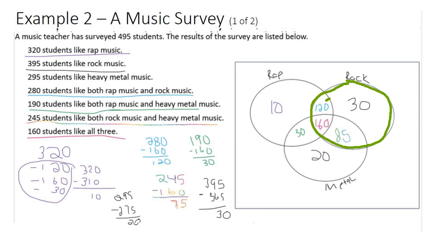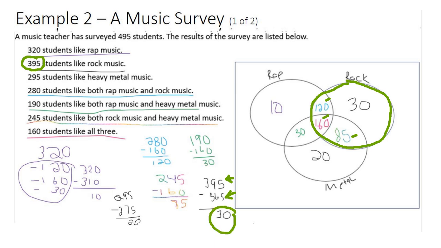So if we add the 120, the 160 and the 85, we end up with 365. But we know that there's 395 students that like it. And so if we subtract, we end up with 30. And that's how we get 30 in this area.